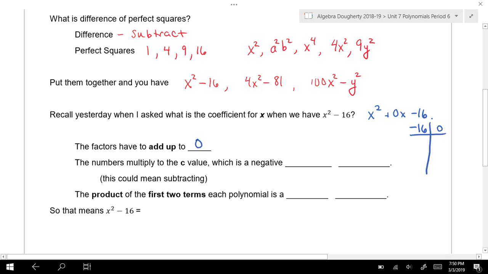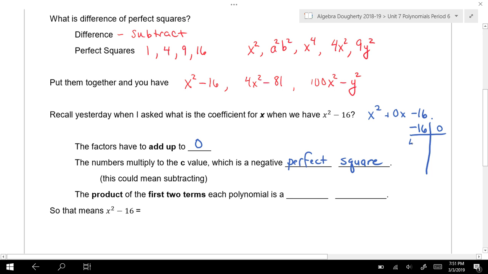The numbers multiply to the c value. Well, in this case, it's the difference of perfect squares, so really this is a negative perfect square. Two factors of a perfect square that add up to 0 have to be the same number, which is the square root of 16.